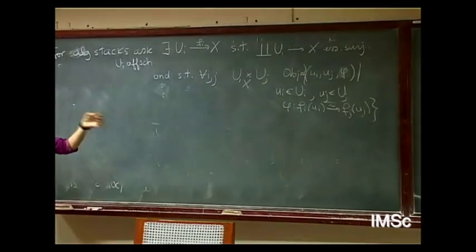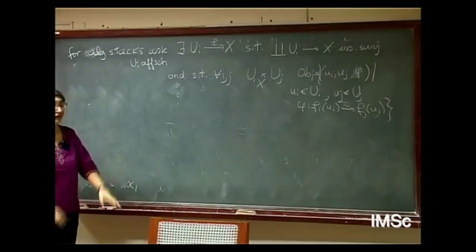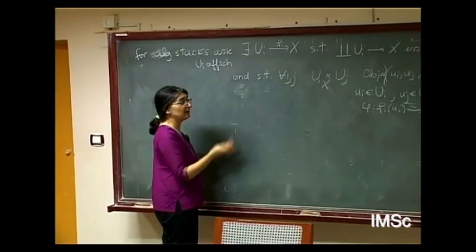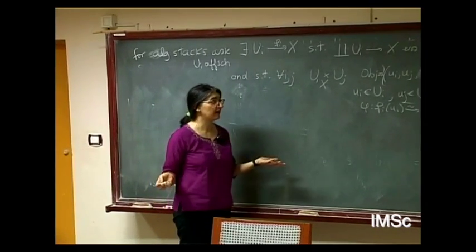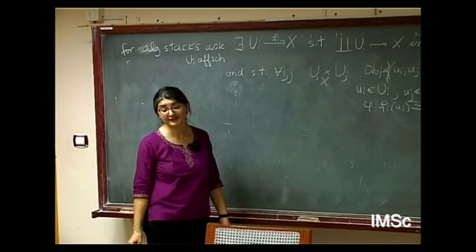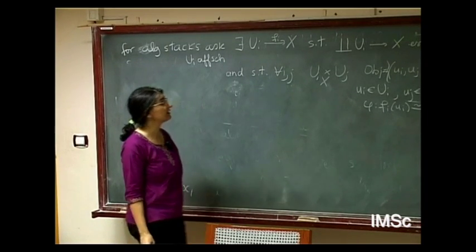So just two elements which have isomorphic images. And the morphisms: there are no morphisms other than the identities in this case.